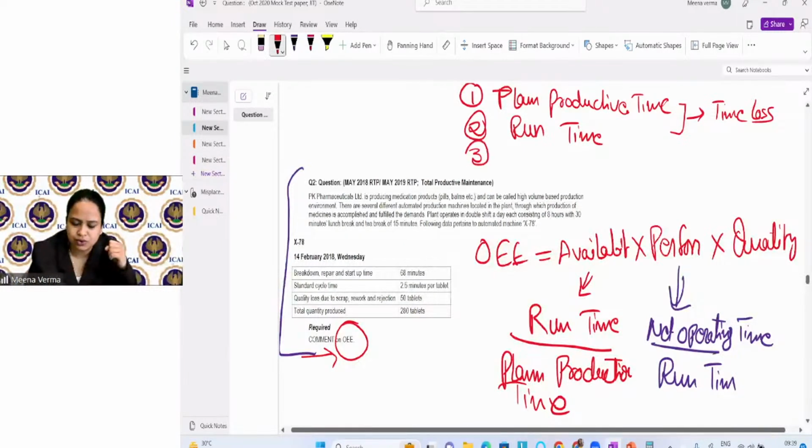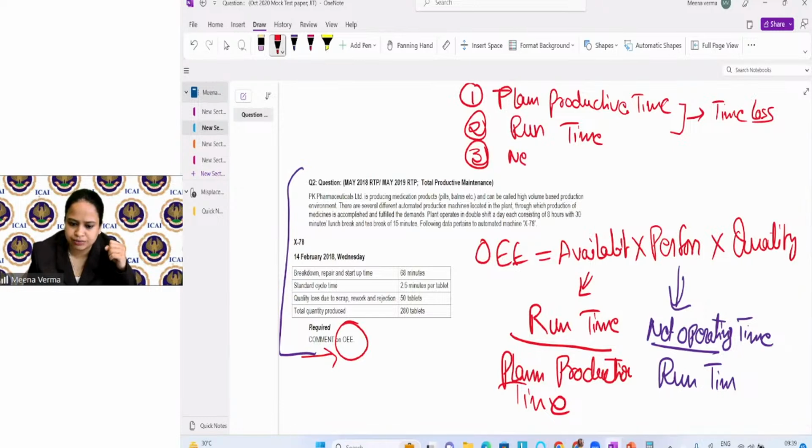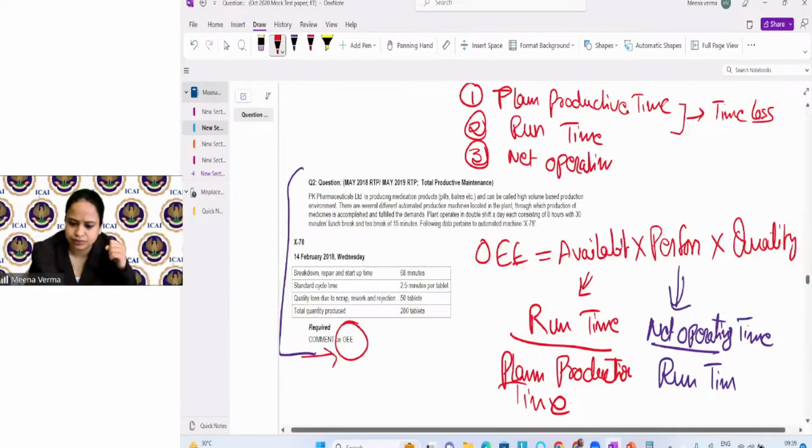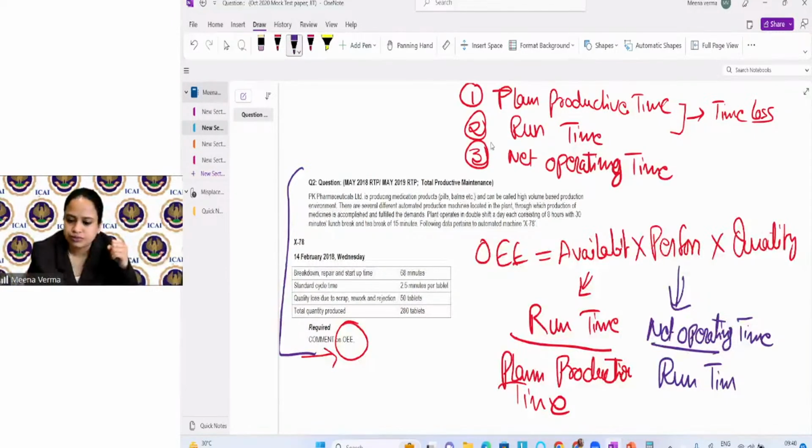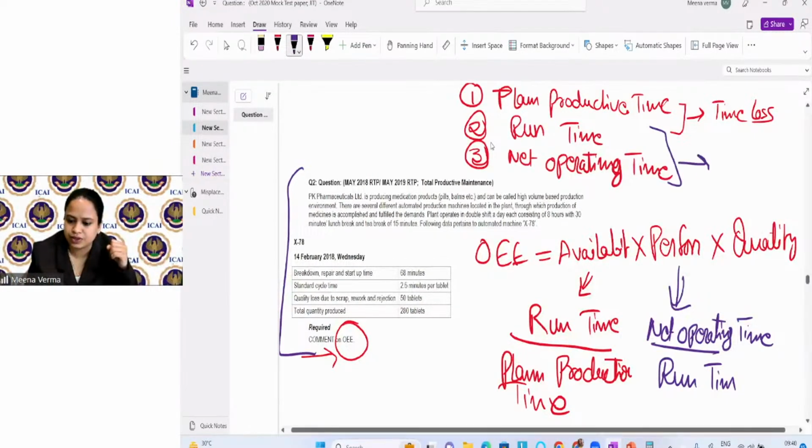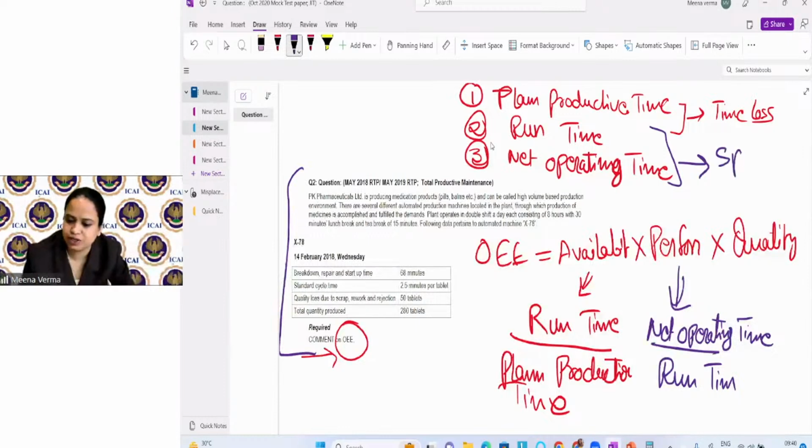Third, I want to know the net operating time, and the difference between it and the runtime is speed loss.